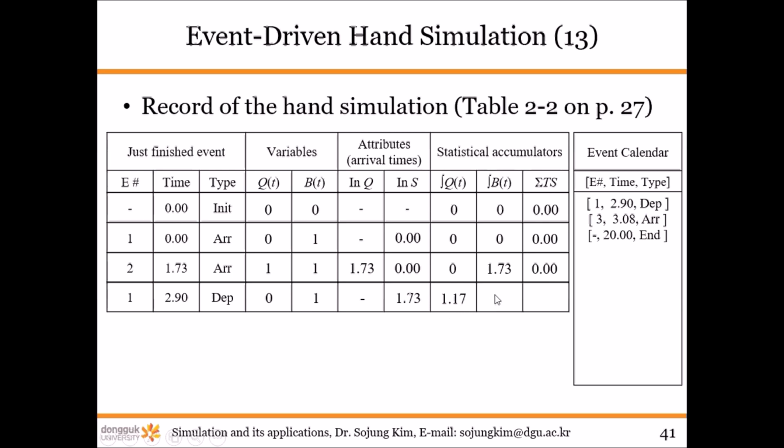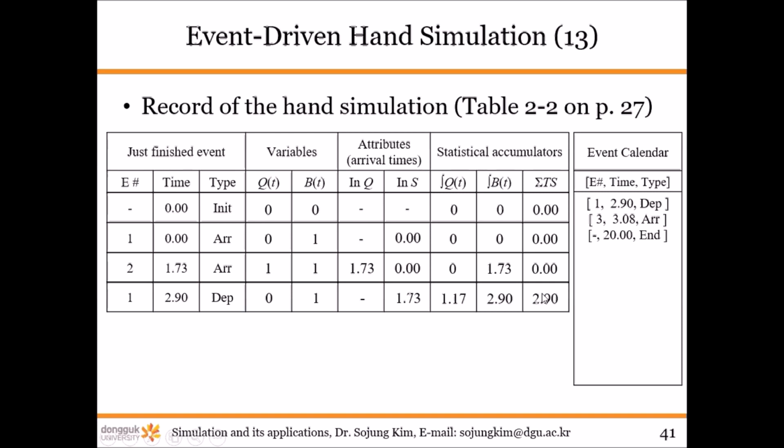Got it? And then next, this value will be 2.9, as you can see, because it's been 1 from 0 to 2.9. So in order to get the right integration of the Qt and BT, basically you need correct values for these two variables.